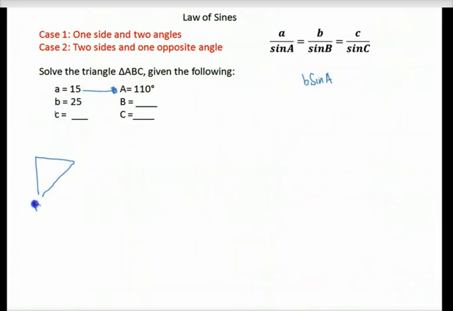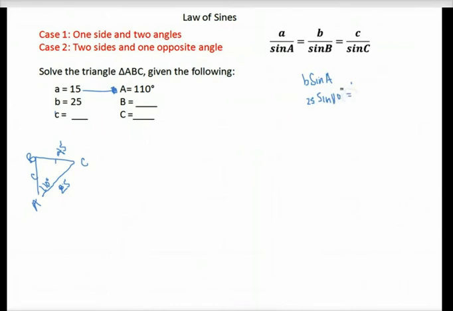So here's our triangle. We're going to sketch it out really fast. A is 110, lowercase a is 15, and b is 25. So again, what we want to do is find the side not opposite our angle, which in this case is 25, times the sine of our angle 110.